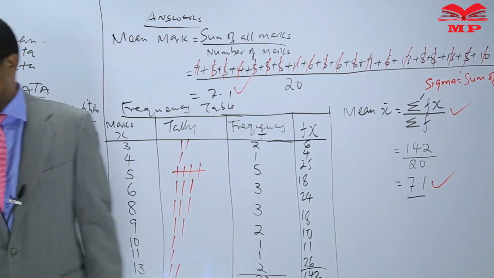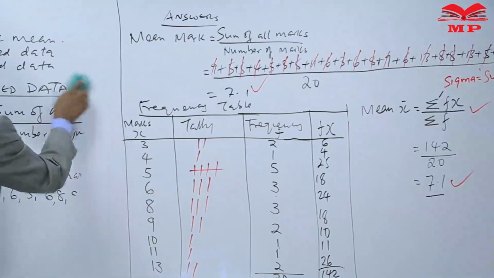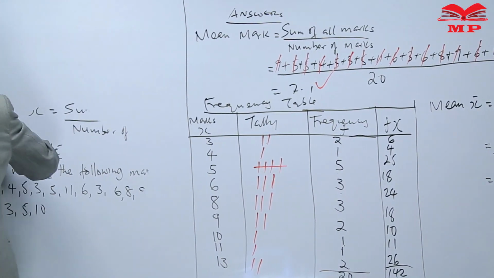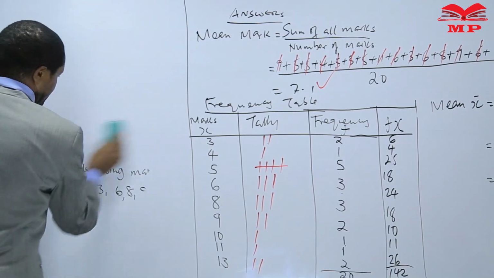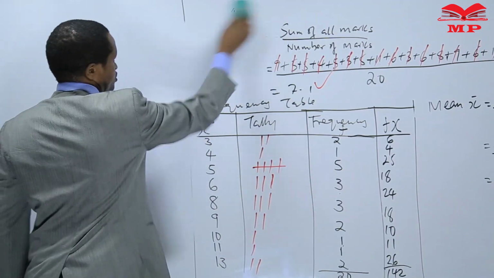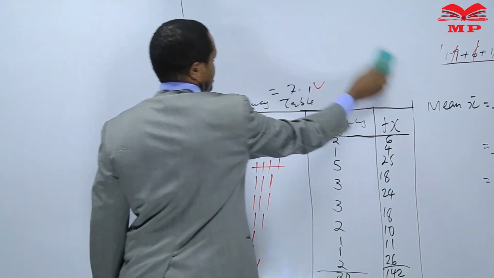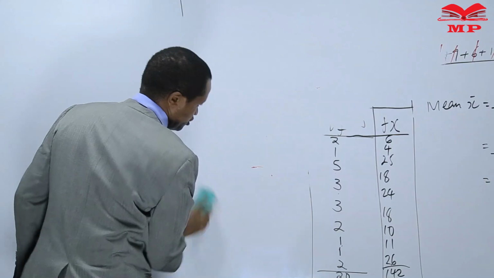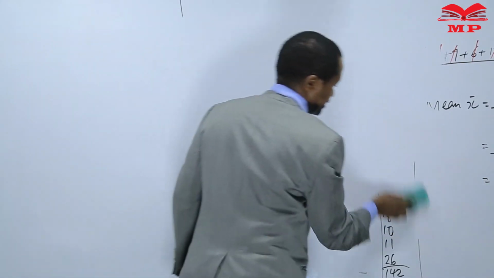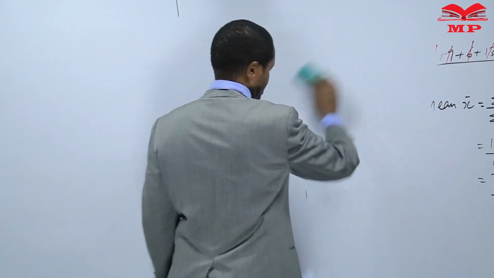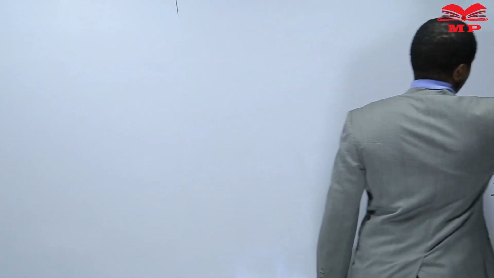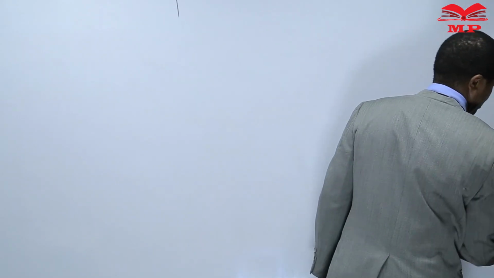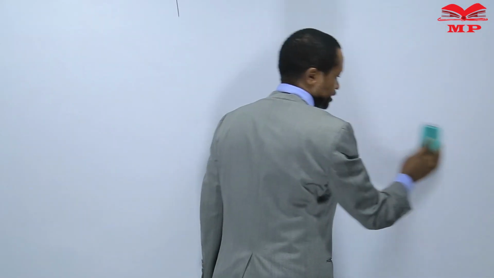Mean of ungrouped data. So learners, I'm going to give you an assignment. It's important for you to practice how to calculate mean of ungrouped data. And I've said that the best way to do that is to use a frequency distribution table where you have given ungrouped data.